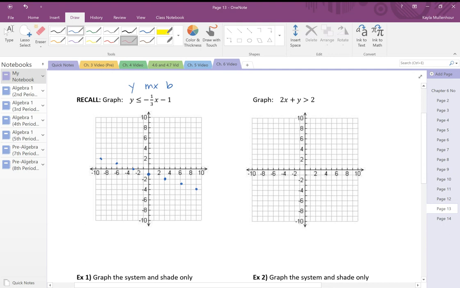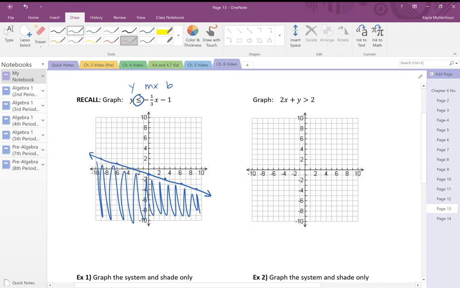This would be a solid line because we've got the equal to part underneath. So we are including the values that are on the line as a part of our solution. And the inequality sign says y is less than or equal to, so we want to be shading the y values that fall below that line. Okay, so that is a review of the linear inequality in slope-intercept form.